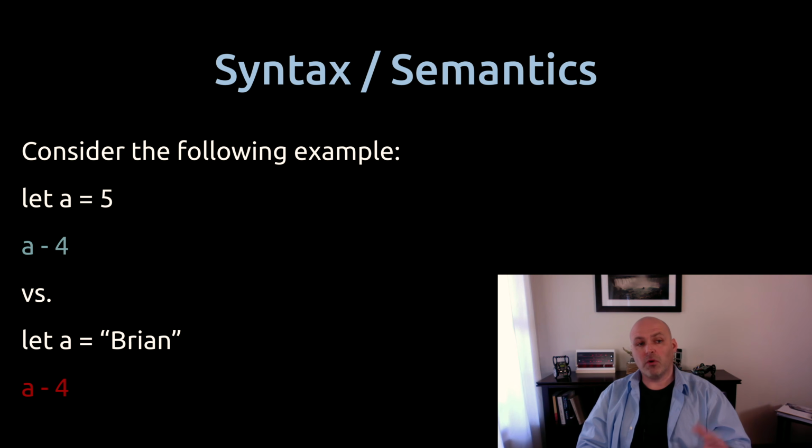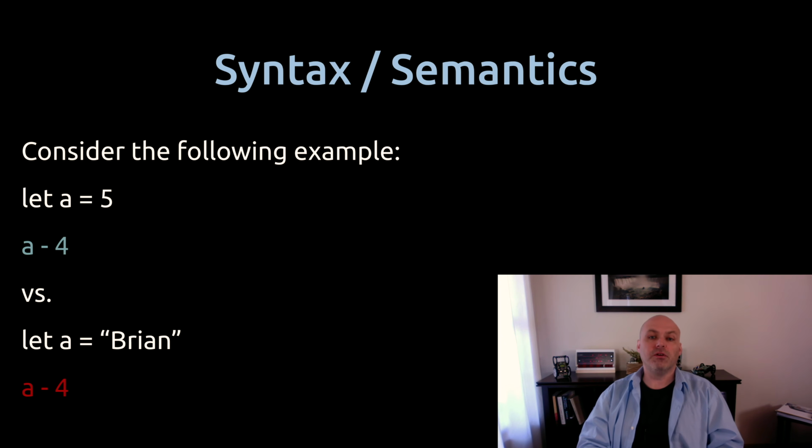This means that both of these little examples here, the first one, let a equal 5 and then a minus 4, and the second, let a equal Brian and a minus 4, both of these are syntactically correct. There is nothing that makes them wrong in the particular programming language that we are using right now. However, semantically, the second one makes no sense at all.